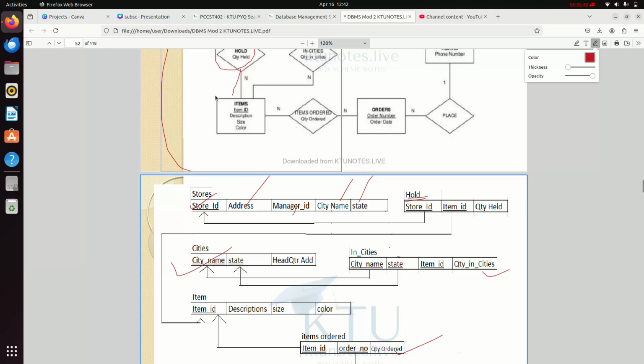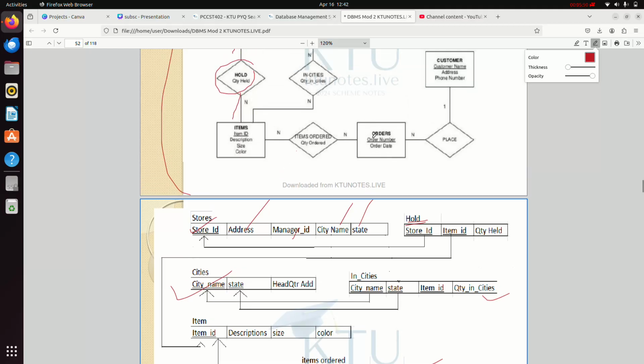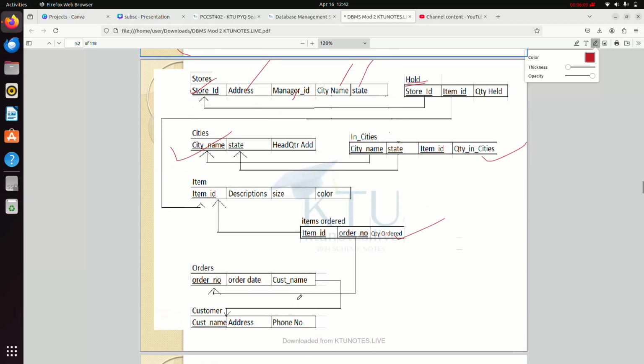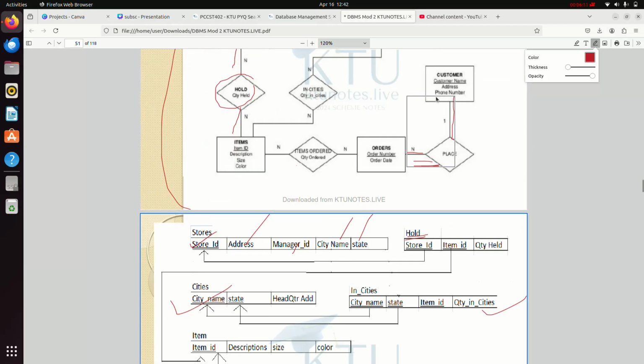Fine. Now orders would have what? If you check this orders table, it has an n-to-1 relationship with customer. That means total participation is there here. All our total participation is given. So on the n side, which is orders, it would contain the customer name, the primary key of customer.